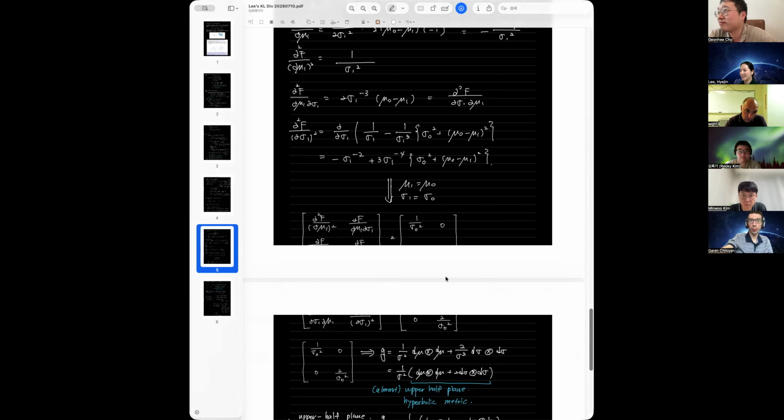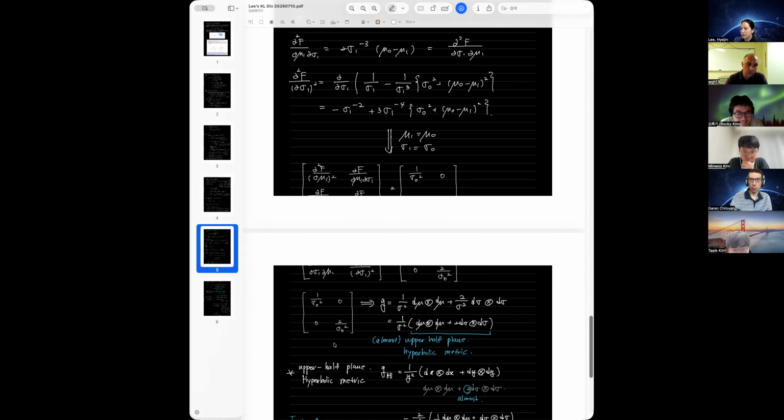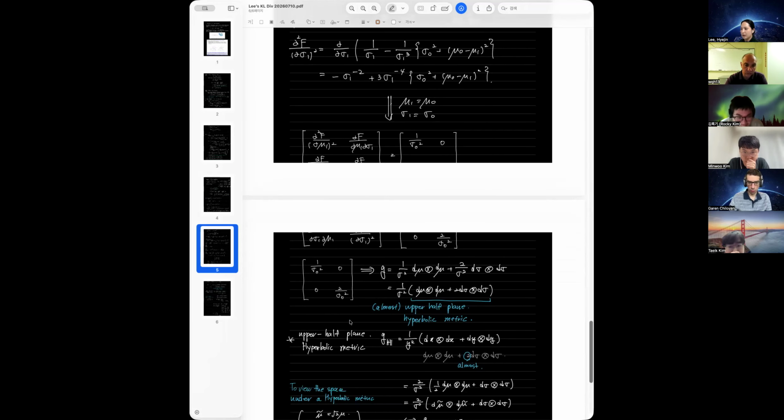Then inputting mu 0 and sigma 0, we obtain 1 over sigma 0 squared and 2 over sigma 0 squared. So we call this matrix the Fisher information matrix, and it is the same as G equals 1 over sigma 0 squared d mu tensor product d mu plus 2 d sigma tensor product d sigma.